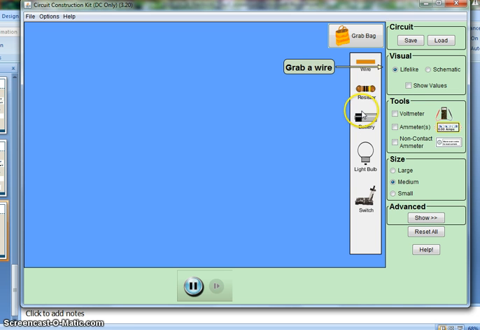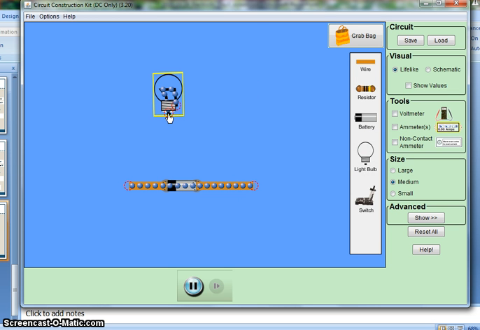On here you can actually grab some different wires and you can grab some different batteries and build your own circuit. And you'll actually see that it's consistent with the way that we talked about connections for light bulbs in class. So you'll see that there's a connection point at the base and at the side of that light bulb. So you just connect up and make your own circuits here.